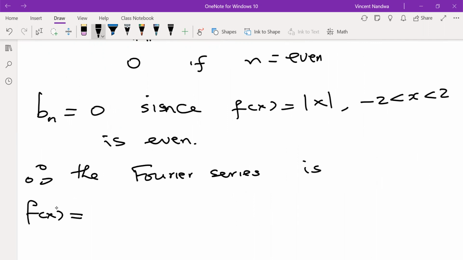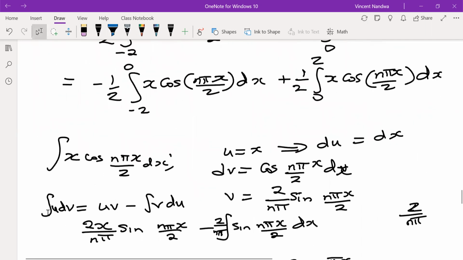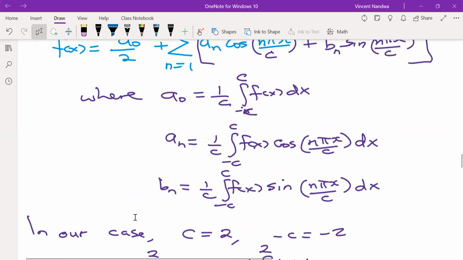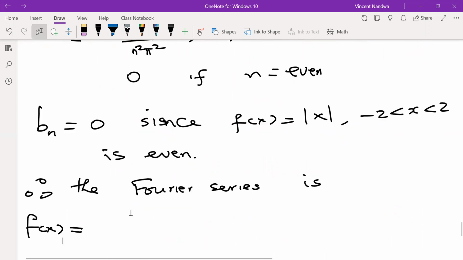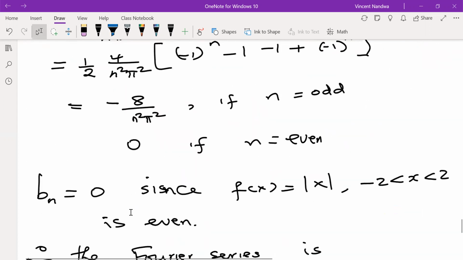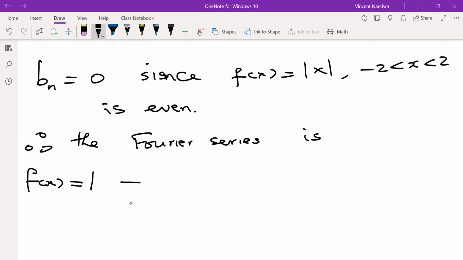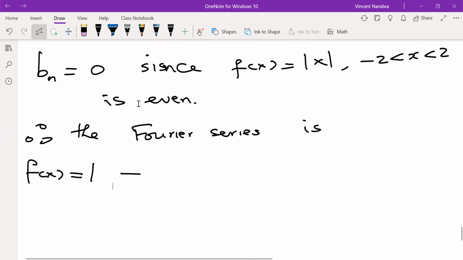I remember a naught from our computation was given by 2. So a naught divided by 2 in the formula gives us 1. And only when n is odd do we have a non-zero value, but when n is even, we have 0 values. So therefore, the terms will be a naught divided by 2, which is 1, minus, so a factor of 8 over pi squared is common.